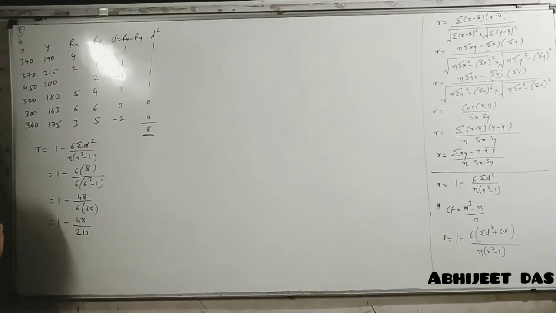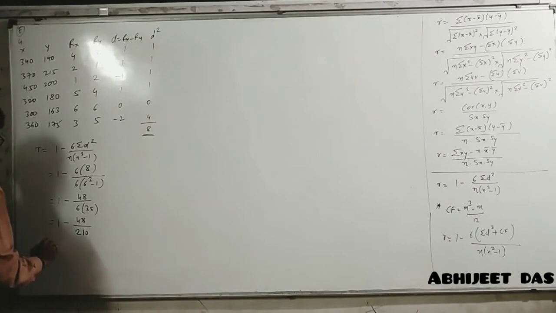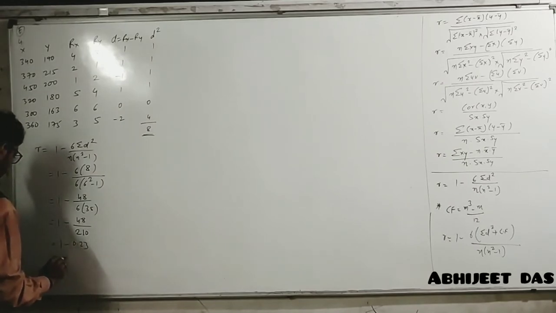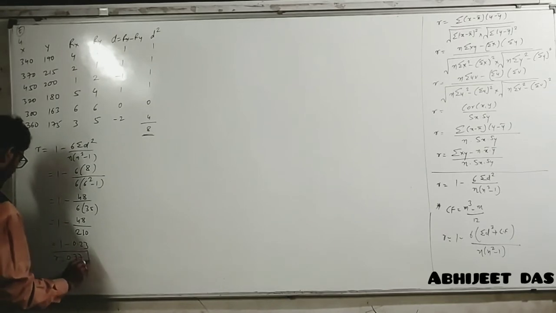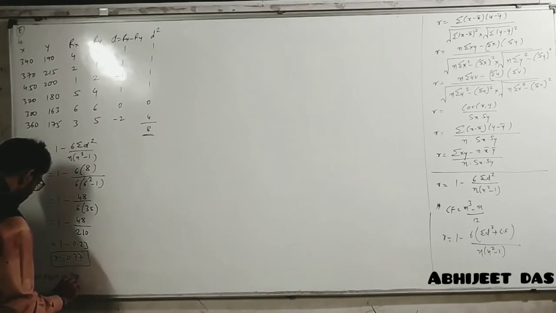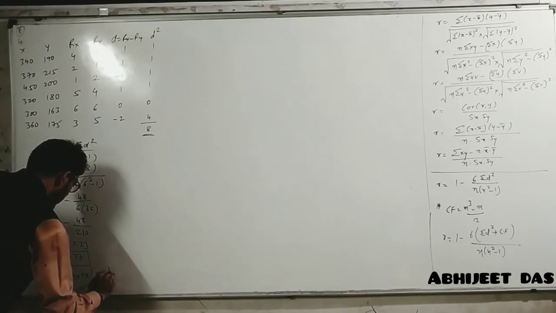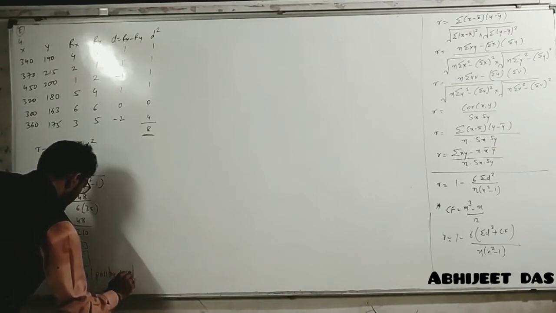Okay, apply the calculator. So the answer is 1 minus 0.23, R equal to 0.77. There exists a positive correlation.